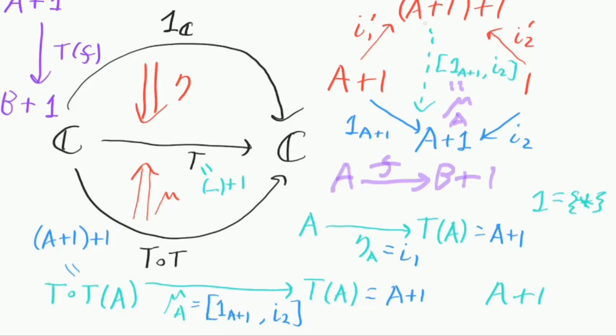And then the way that this mu works is that if we started with a value of A, we just get that same value of A back. But if we started with an error, either a type 1 error or a type 2 error, we just end up with an error, because A plus 1 only has one kind of error, star, whereas this would have two different possible kinds of errors. And so that's basically what the maybe monad is.